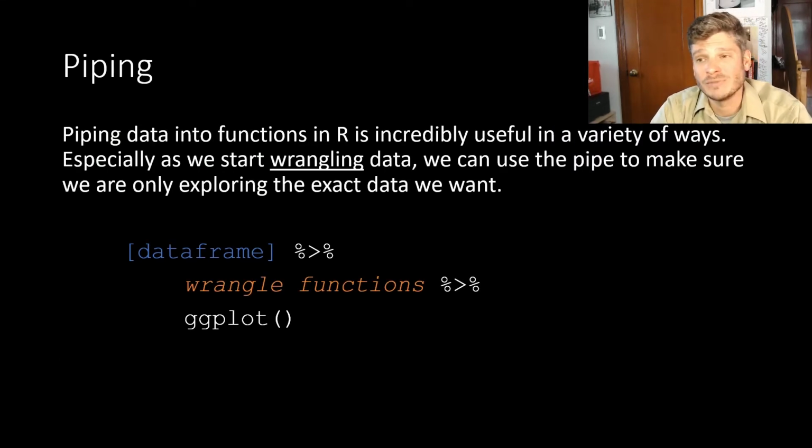piping is really, really useful is that as we start learning more and more about R, we're going to start having to wrangle our data. We're going to have to make sure that we're looking at the data we want to look at. And so typically we can chain together our pipes. So we have our data frame, and I'm going to pipe it into my wrangling functions to kind of clean up my data a bit, and I'm going to pipe that right into ggplot so that I can make my graph.